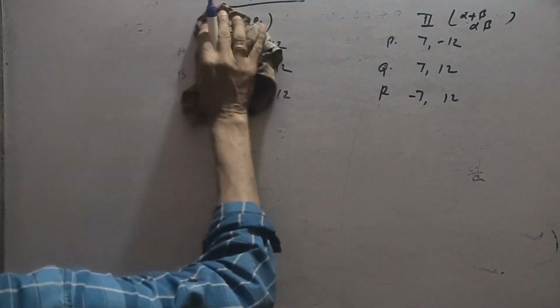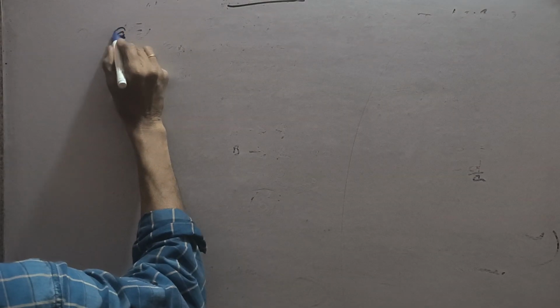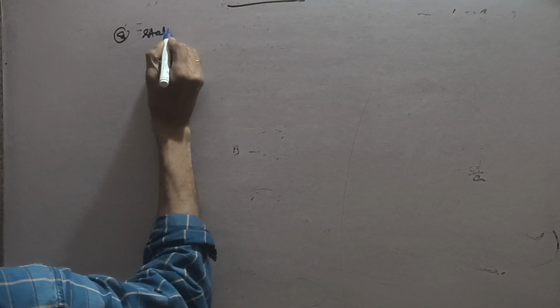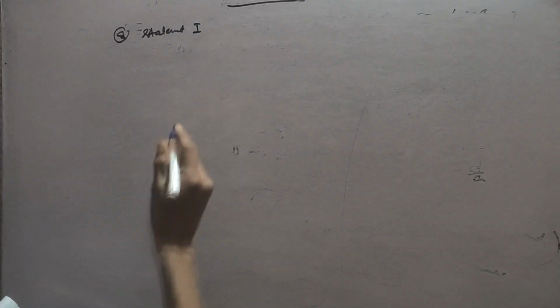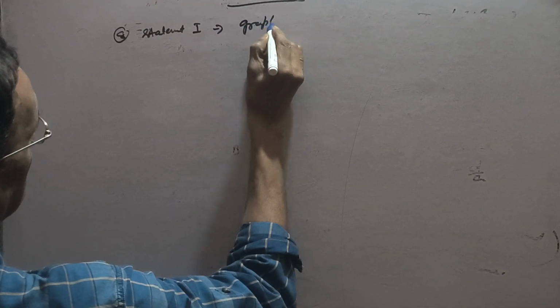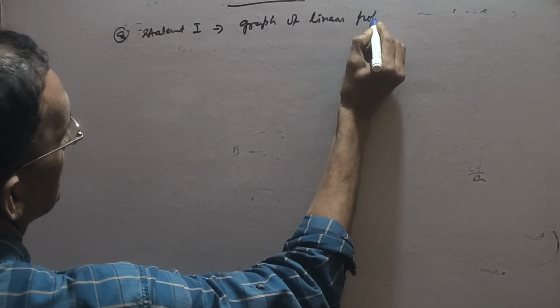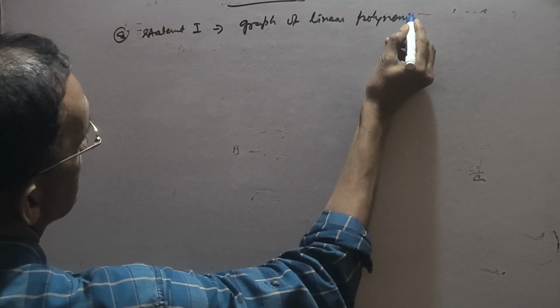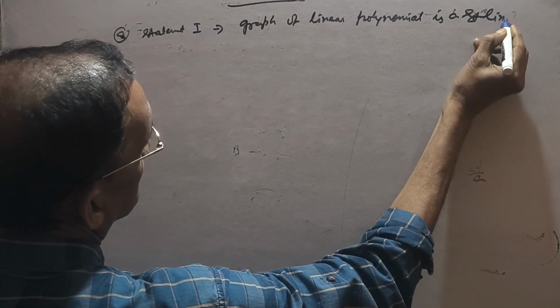Okay. Now next, number 8. Statement 1: the graph of a linear polynomial is a straight line.